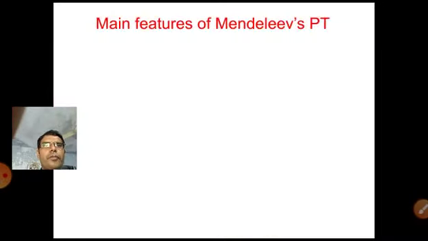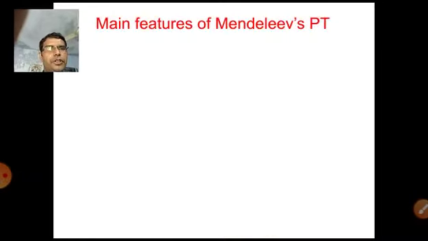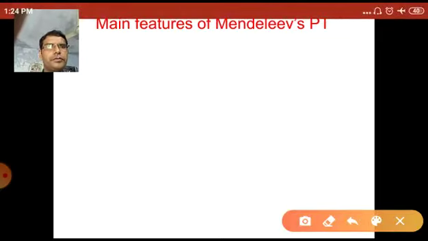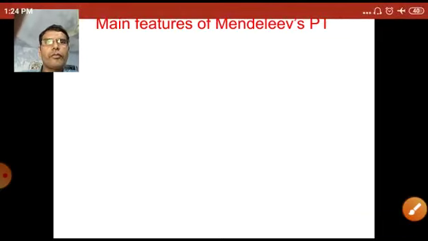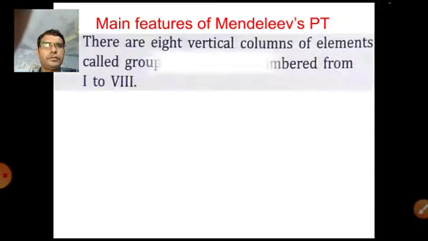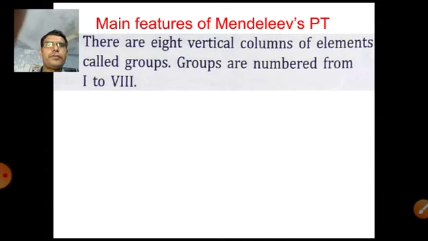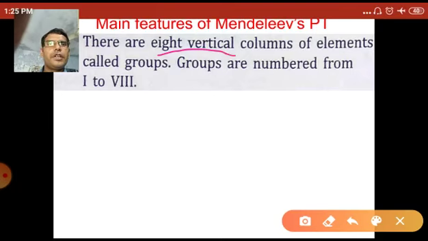Now the main features of the Mendeleev periodic table. What are the main features of the Mendeleev periodic table? Mendeleev arranged the elements into groups and periods. So there are 8 vertical columns, and those vertical columns are called groups, which are numbered in Roman numerals from 1 to 8.